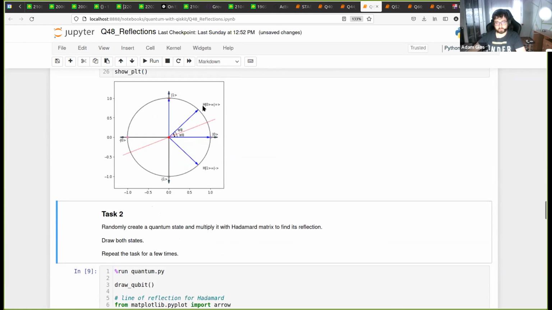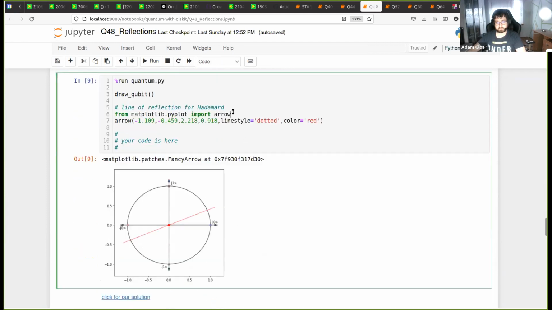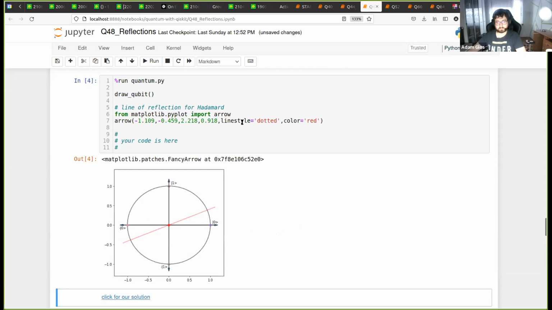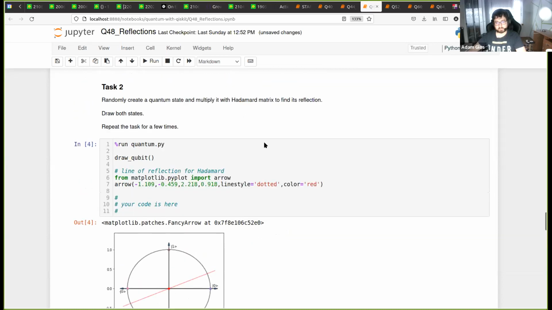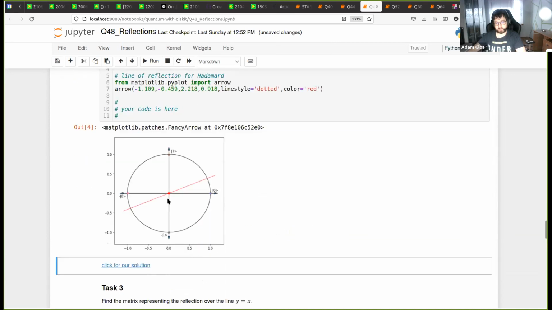So you map 0 into H0, which is plus, and 1 into H1, which is minus. In this task, you can just try with a different quantum state, and you should observe the same effect, that this vector will be reflected along this line.